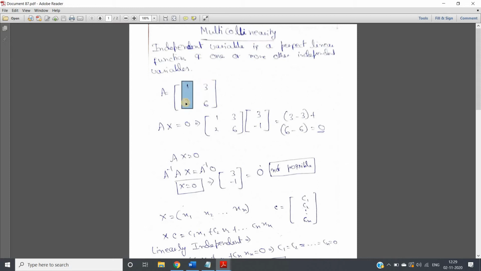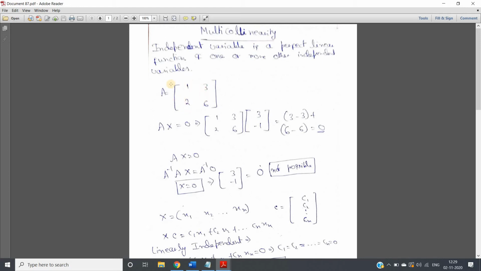You multiply 3 with the first column, you get the second column. So here multicollinearity is present, because the definition is satisfied: one independent variable or input feature is a perfect linear combination of one or more other independent variables, in this case, one other independent variable, which is this one.